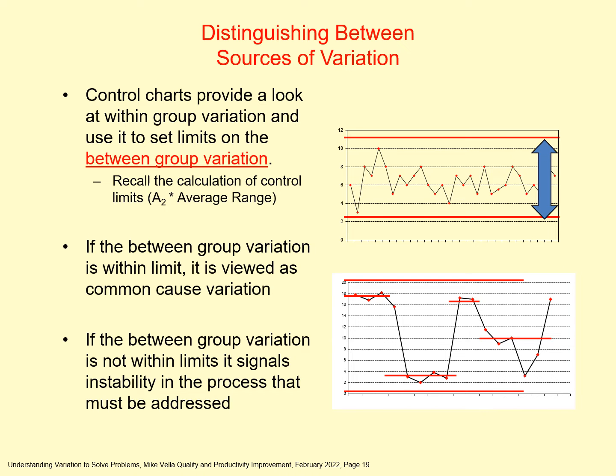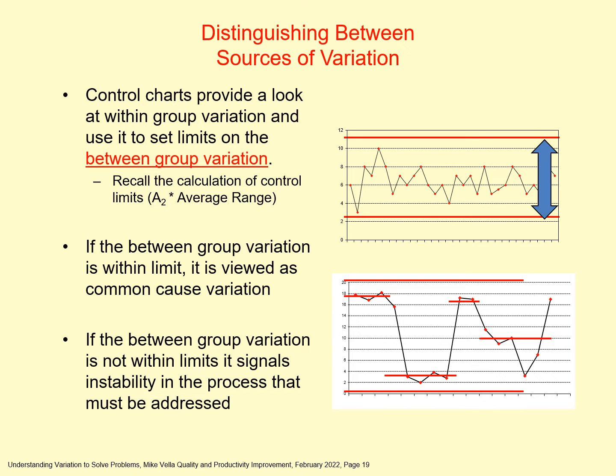Control charts provide a look at within-group variation and use that within-group variation to set limits on between-group variation. Let me tell you what I mean by that. If you recall from the SPC module, we calculated the upper and lower control limits of our average chart by using the measure of central tendency, that's the X double bar or the grand average, and adding to it the A2 times the average range, or the R bar.